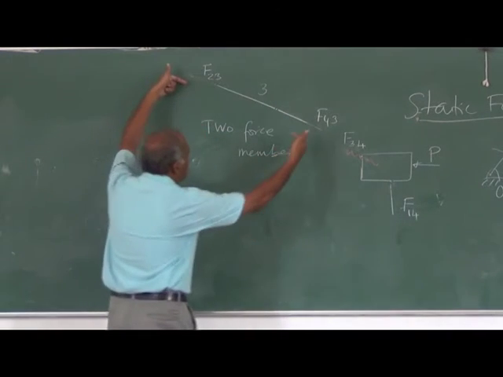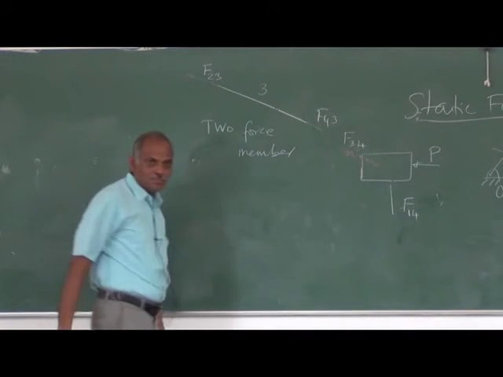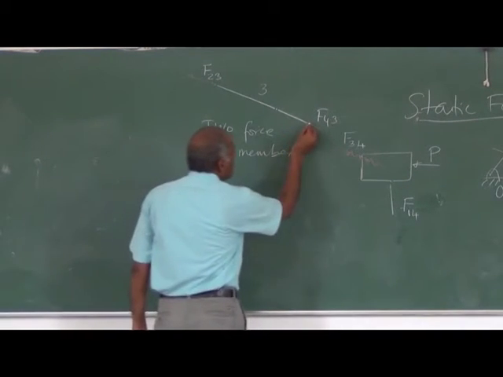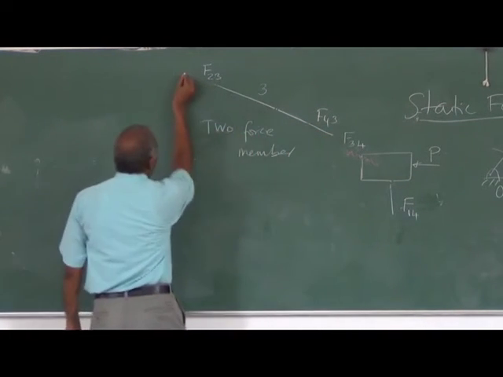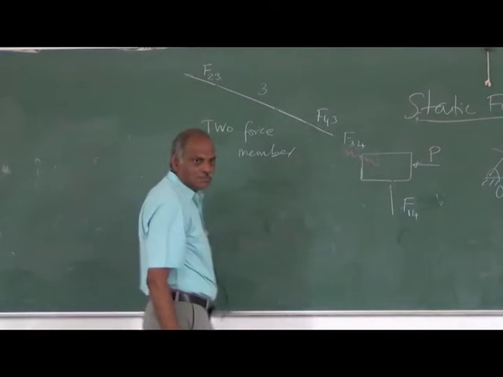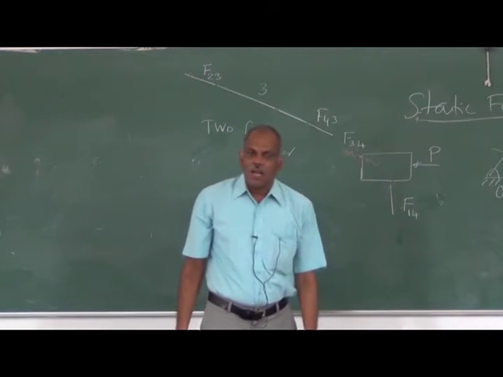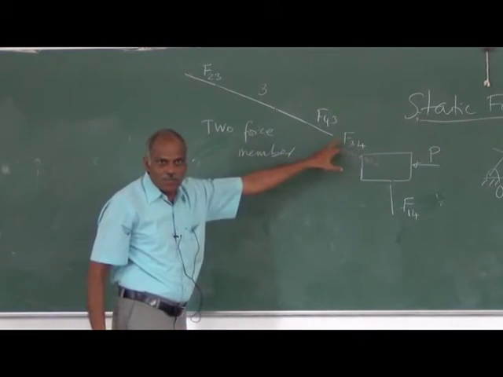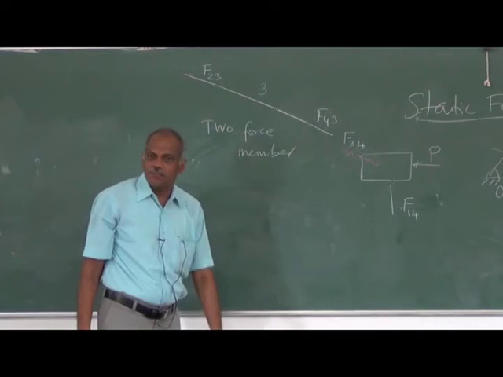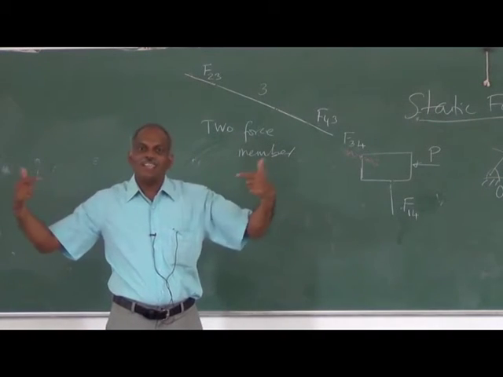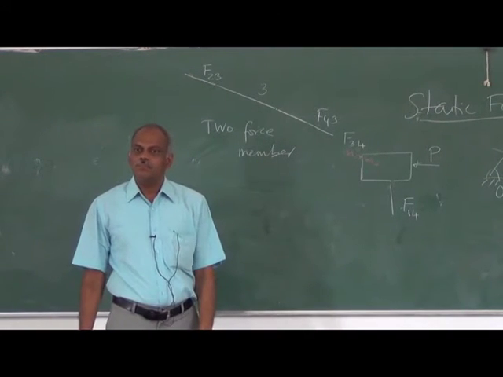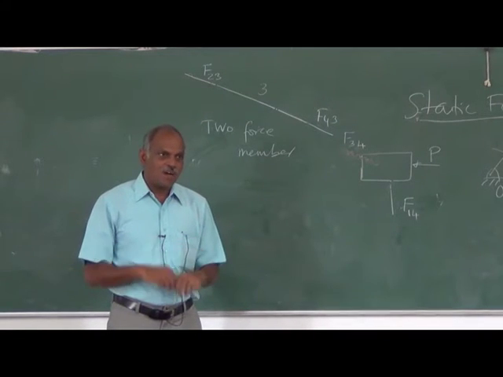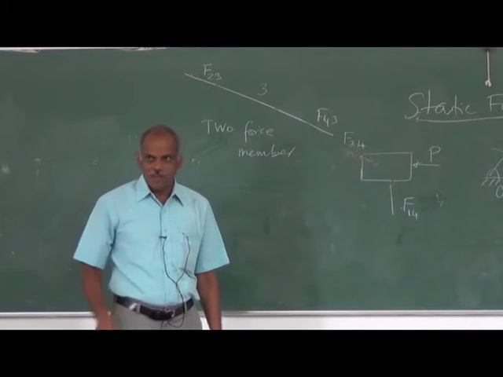So the forces must be transmitted along the axis of this link. So they must be along this direction. So when I say this is a two-force member, the directions of F43 and F23 are along the same line, not just like that. I am saying that it is because of the law of equilibrium.